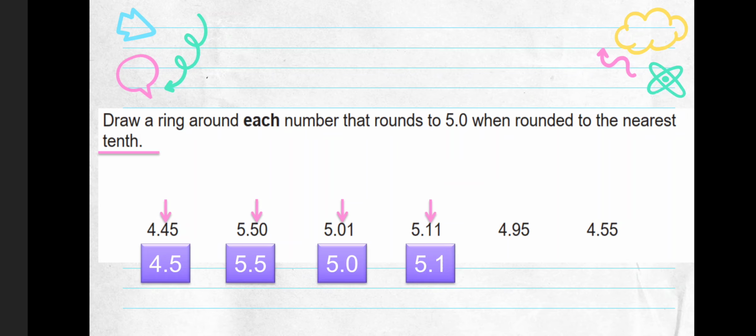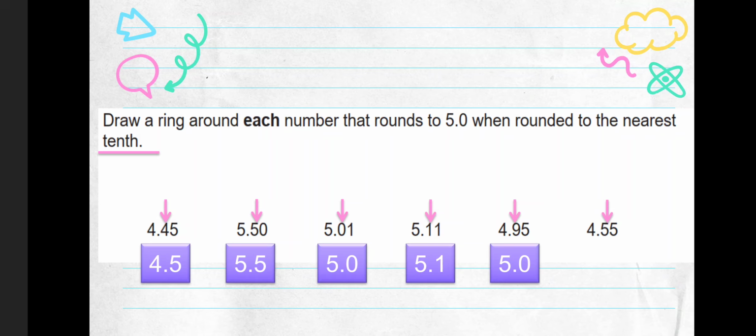4.95. The tenth is the 9. Next door is 5, a strong number. So the 5 will give the 9 a 1, it will go up. So the 9 will be 0, carry up 1, it will be 5.0. In the last number we have 5 in the tenth place value.